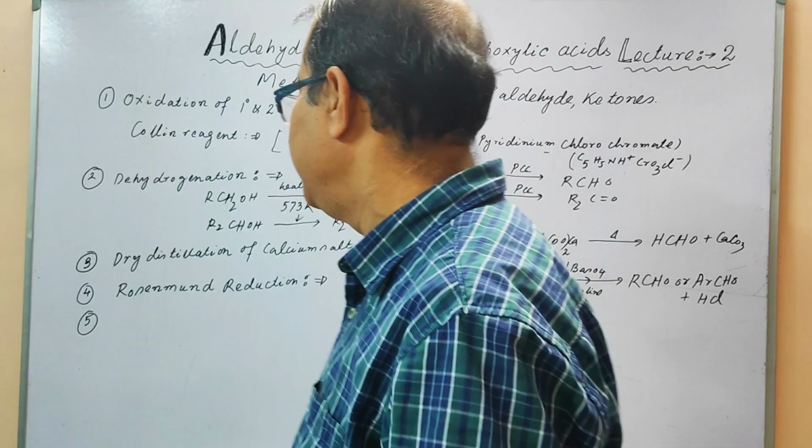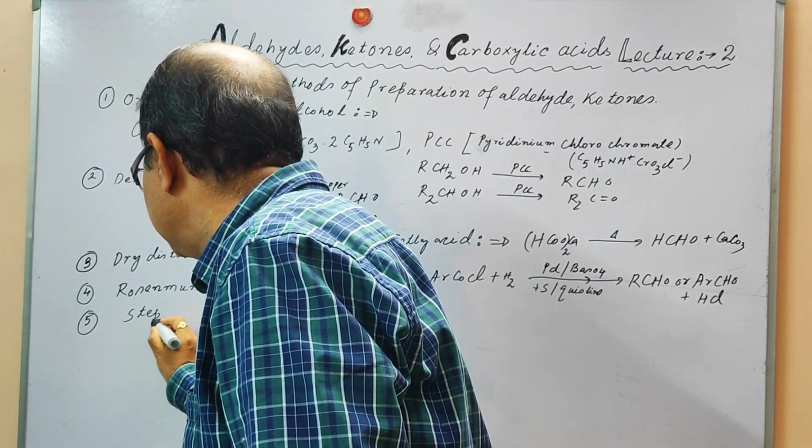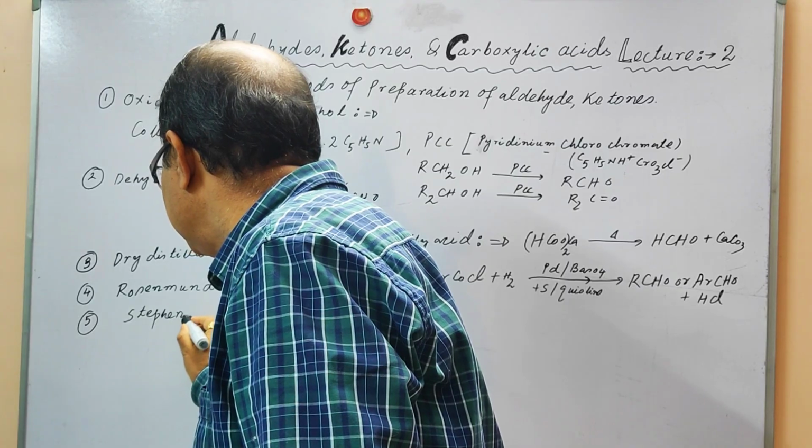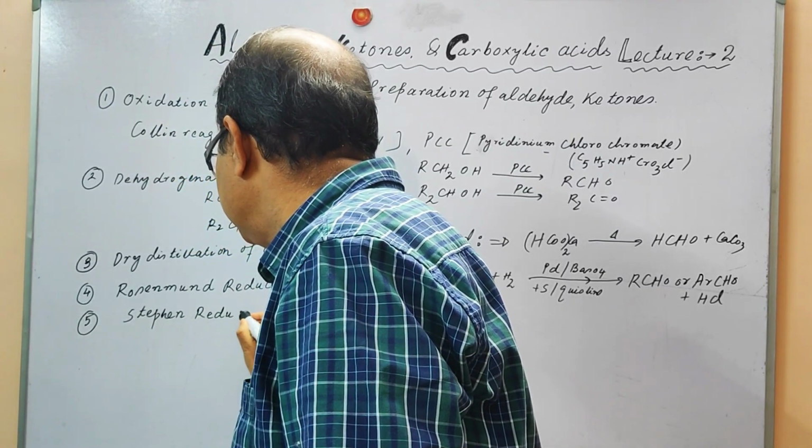The fifth way is the Stephen reduction. Stephen reduction is also a name reaction.